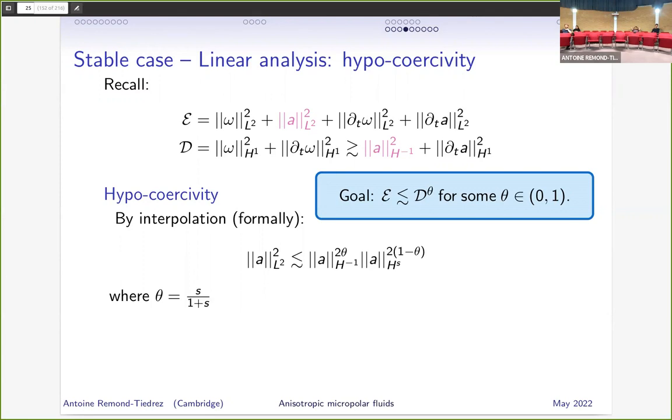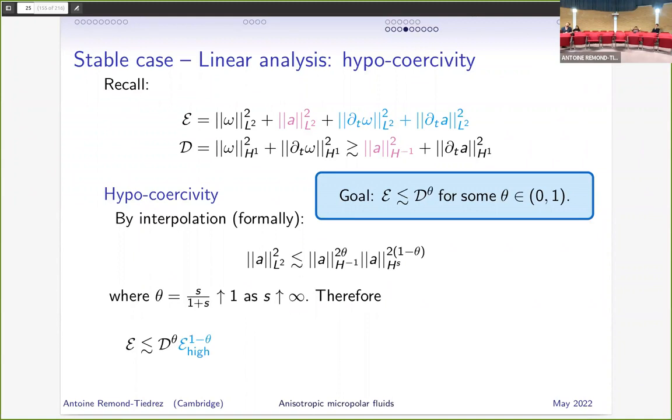So what does that mean? It means that my energy, A in L2, I control by the dissipation to some power theta, and by some energy at some higher level, where I took S derivatives, with power 1 minus theta.